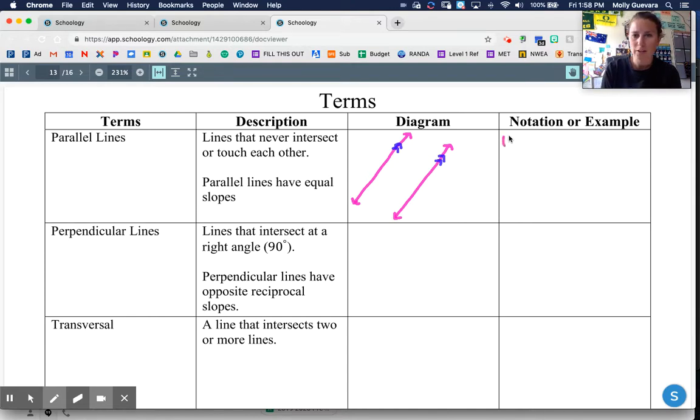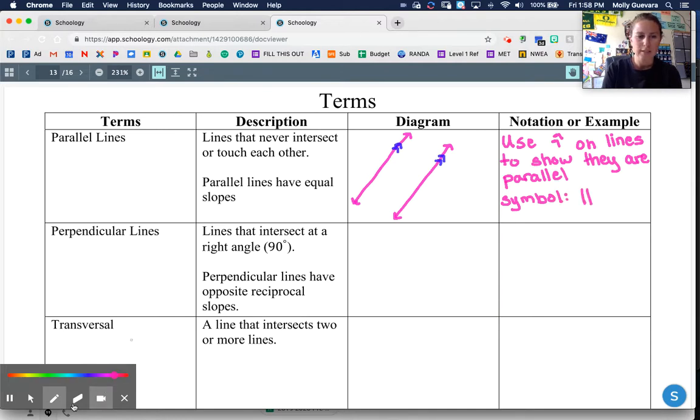So we can make a little note of that. So we use these little arrows on lines to show they are parallel. Okay. And then the symbol that we use for parallel is just 2 vertical lines.